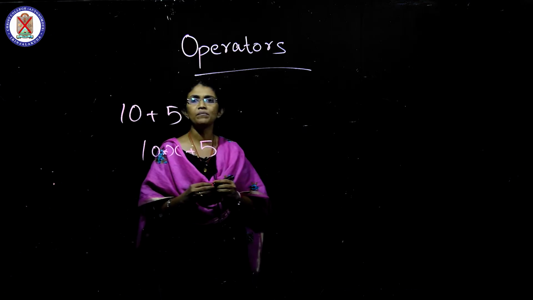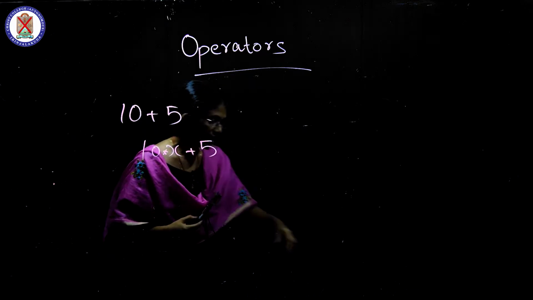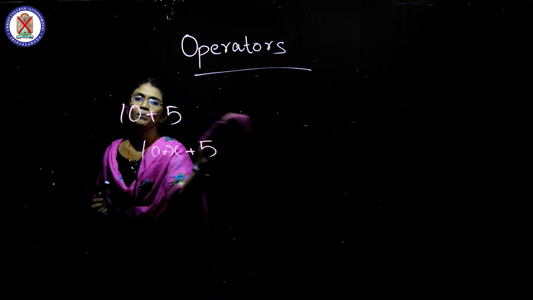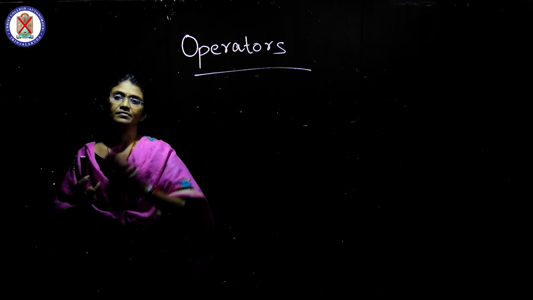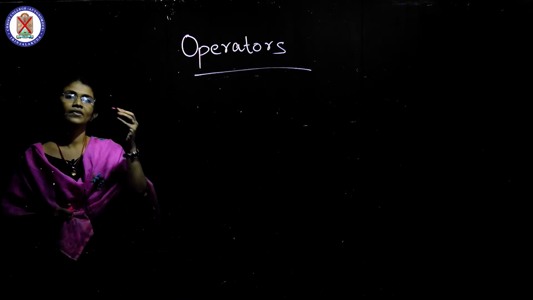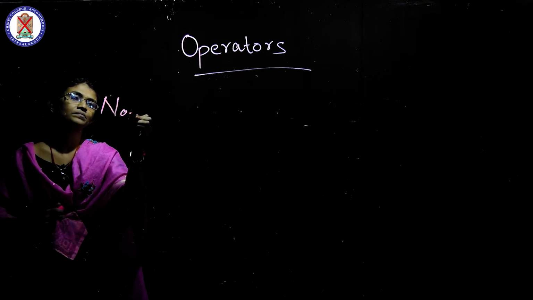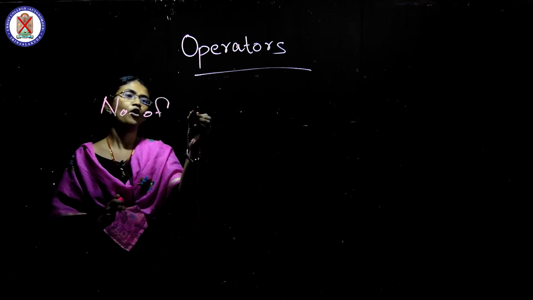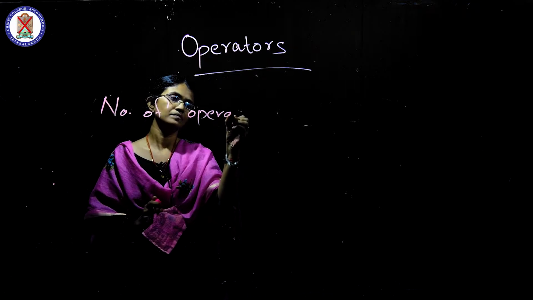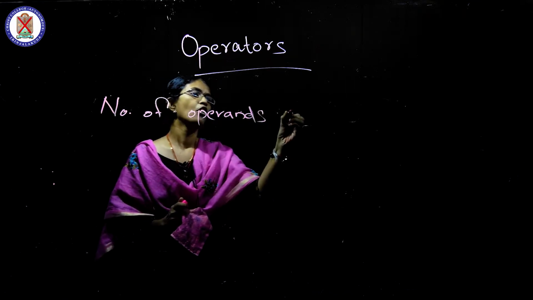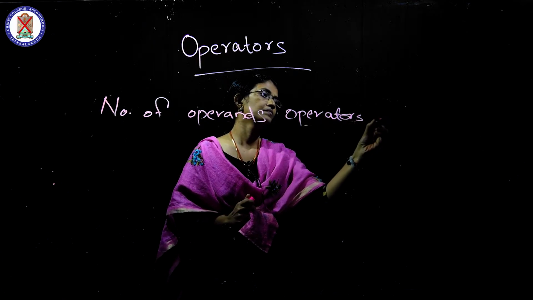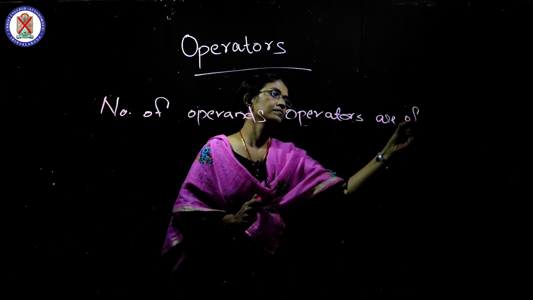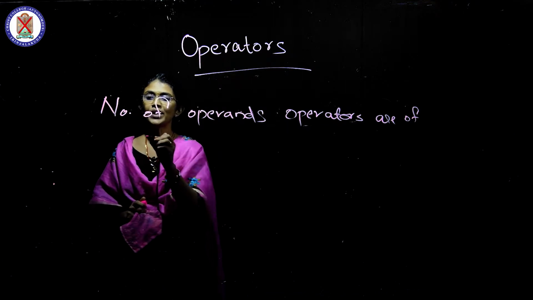And according to the number of operands, we can divide operators into 3 types.